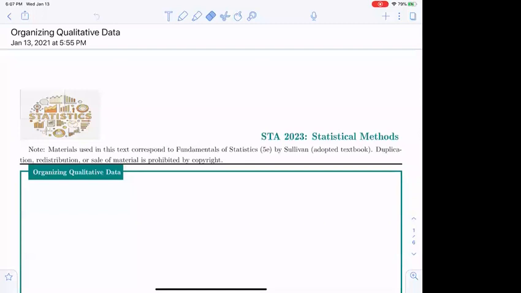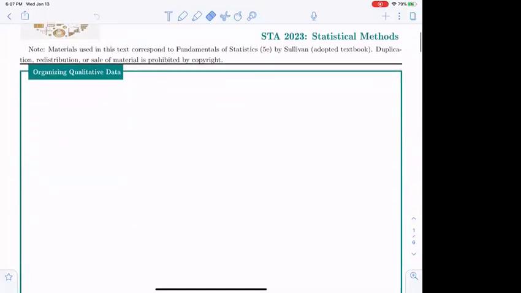Okay, so qualitative data, if you recall, is data that is measured in terms of categories.